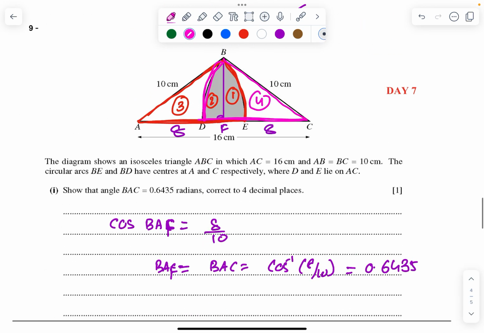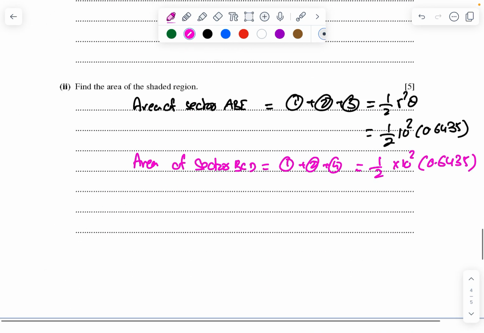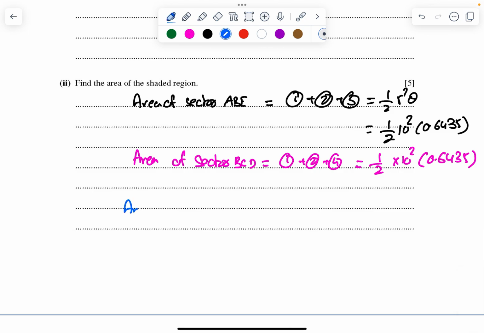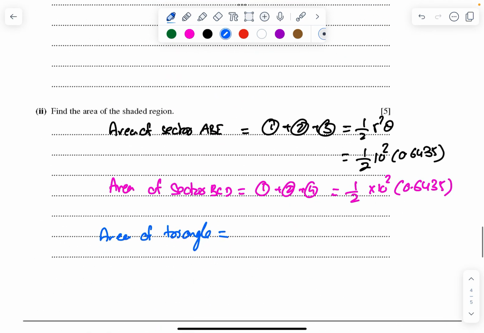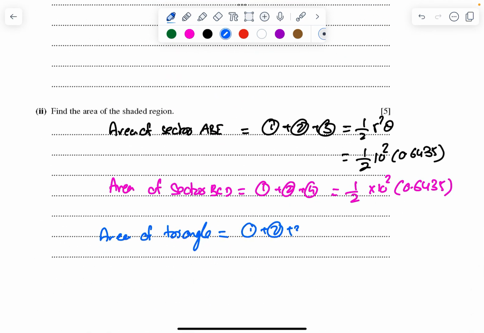Now when I'm adding these both, you can see that 1 and 2 are common, and then I take area of triangle, which is 1 plus 2 plus 3 plus 4. Area of a triangle formula is half times base 16 times height 6.